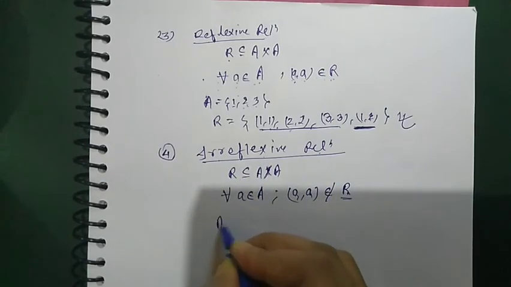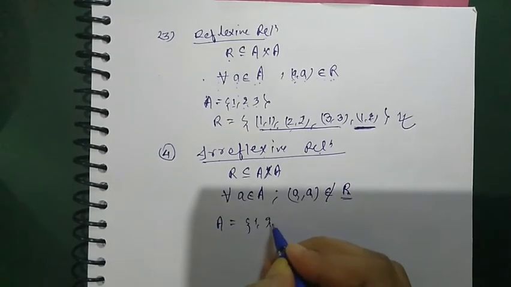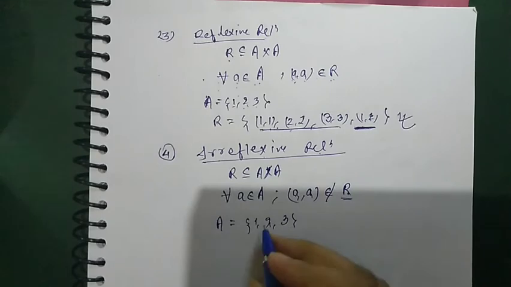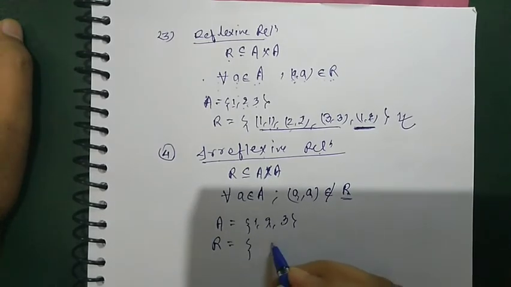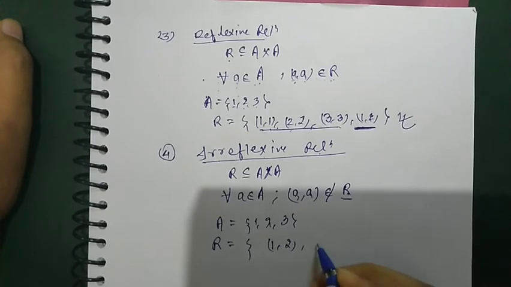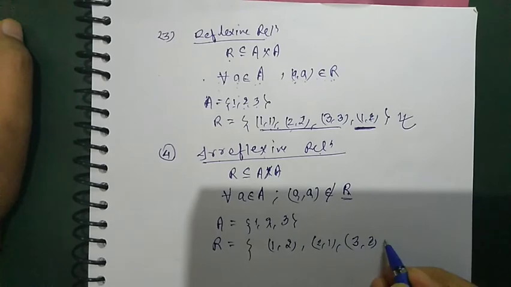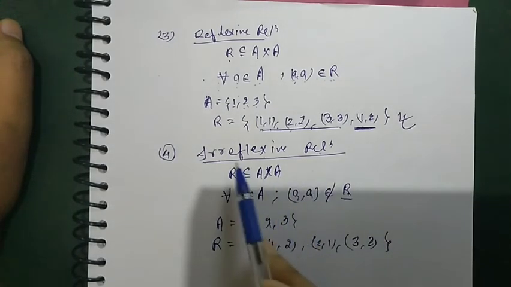So again we are taking the same example, A is equal to {1, 2, 3}. The relation R, if we take as (1,2), (2,1) and (3,2), we have to check whether it is an irreflexive relation or not.